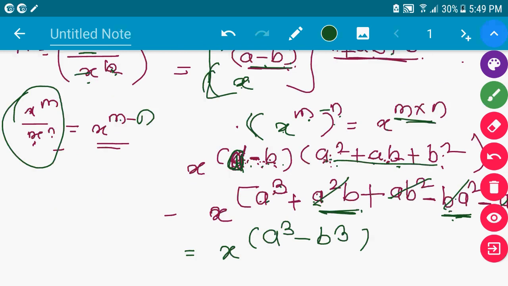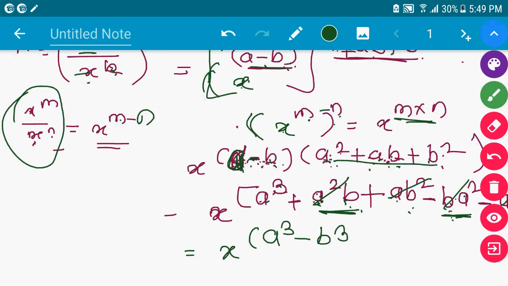A multiplied by ab, a square b it becomes. A into a square and b as it is. A multiplied by b square, it becomes ab square. Now minus b multiplied to a square, minus b a square, minus b square a and minus b cube.